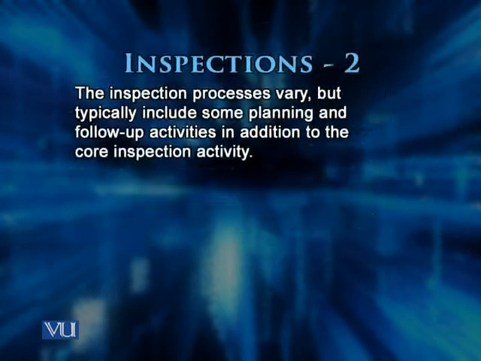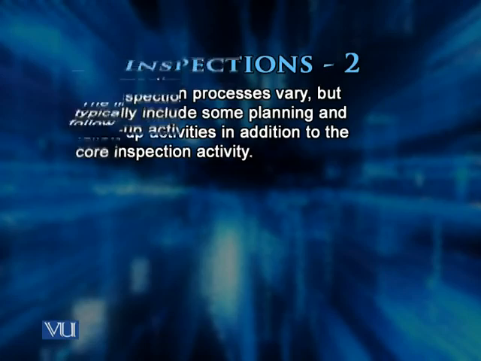The inspection process varies, but typically includes some planning and follow-up activities in addition to the core inspection activity. As I said, the planning includes distribution of the document to the human inspectors so that they can have a read-through and an individual inspection of the document.